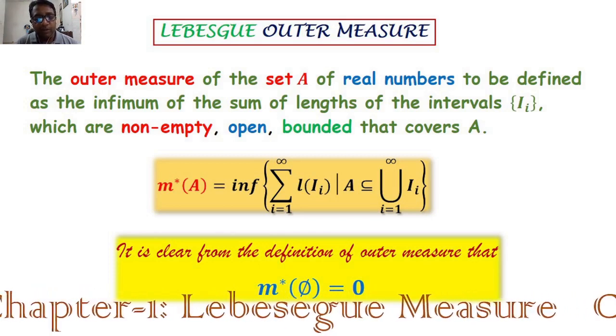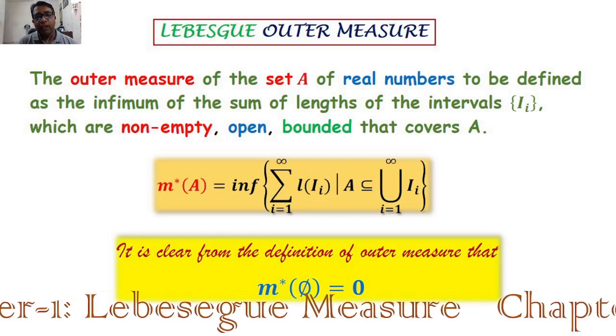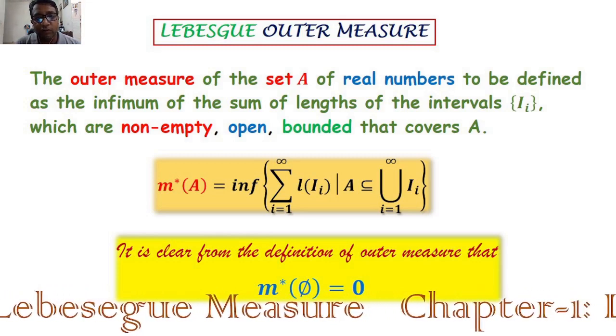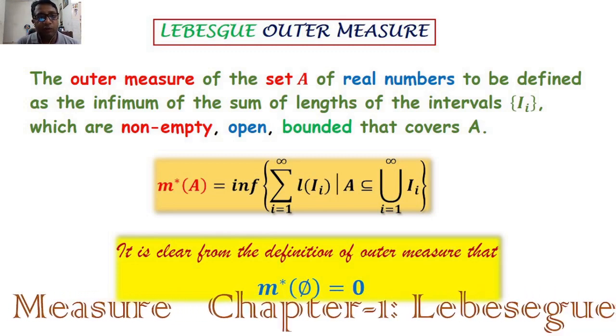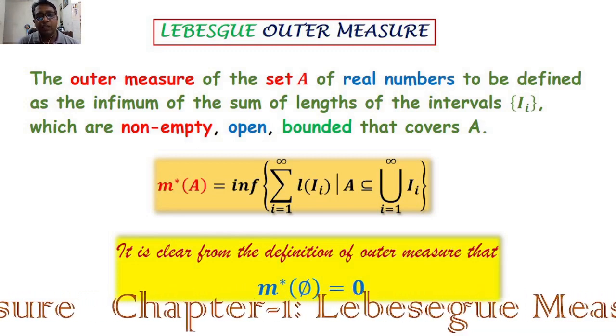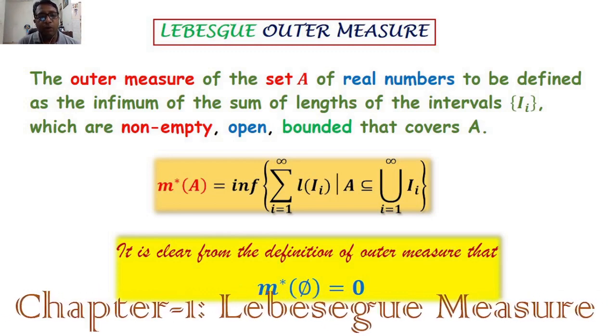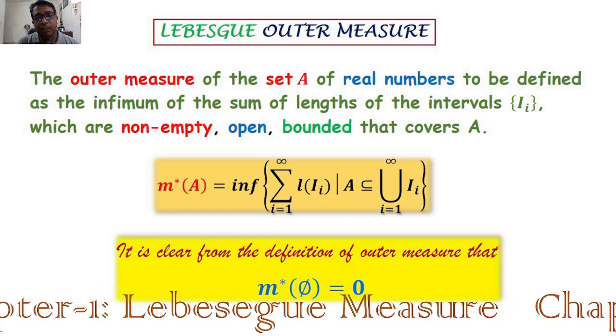So what is the logic behind it? We have to find those intervals which cover the set A. For example, if I have taken the set 1, 2, 3, 4, 5 simply, then we have to find some open, bounded and non-empty intervals that cover this collection.